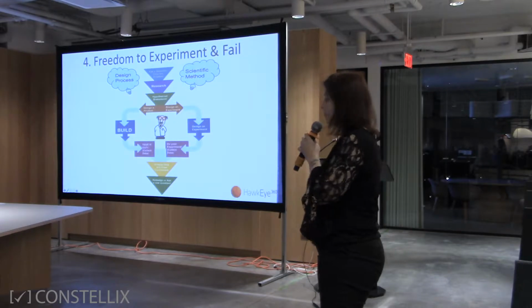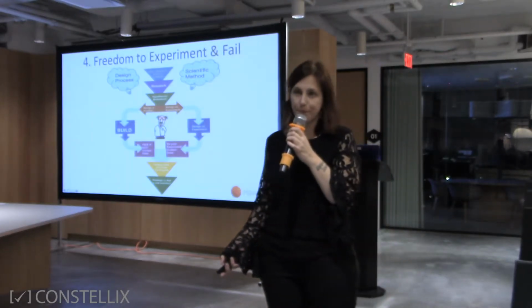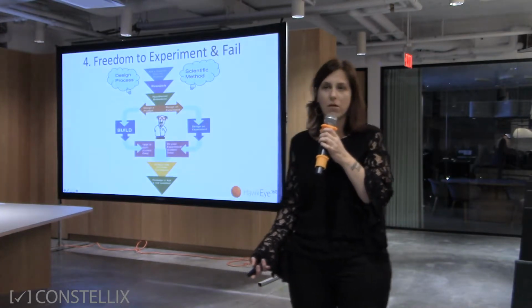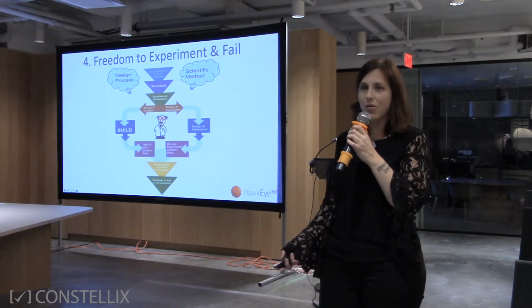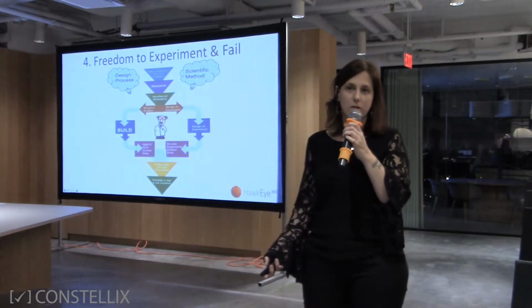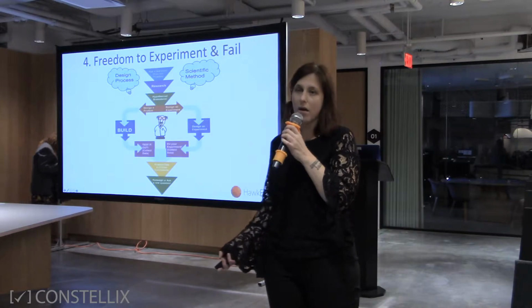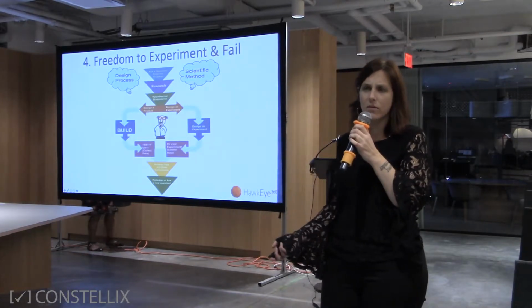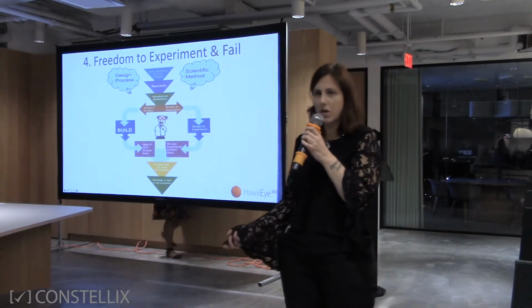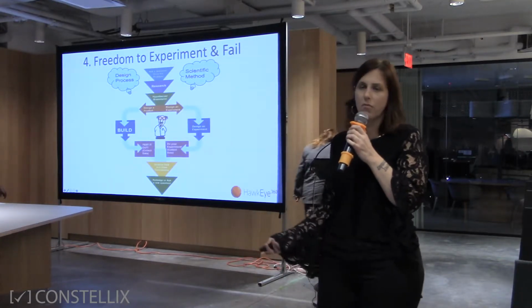The fourth point of digital transformation is freedom to experiment and fail. I'm sure everyone here is familiar with Google. Google allows that every employee has 20% of their time dedicated to individual products, individual projects, or individual ideas. So 20% of your time as an employee at Google, you can work on anything.